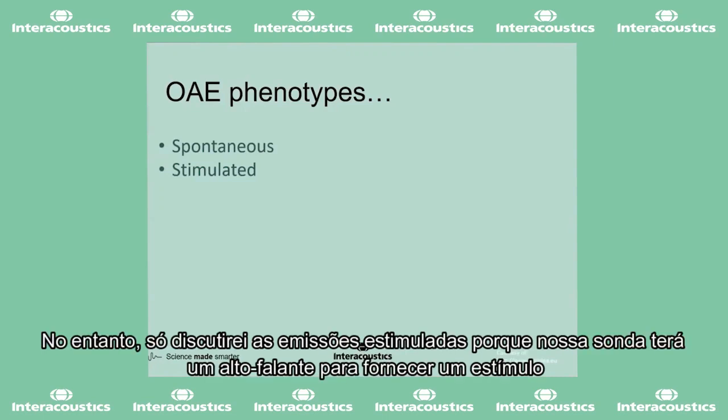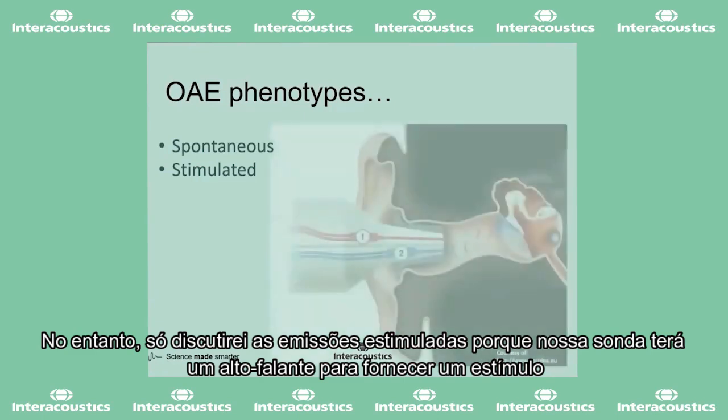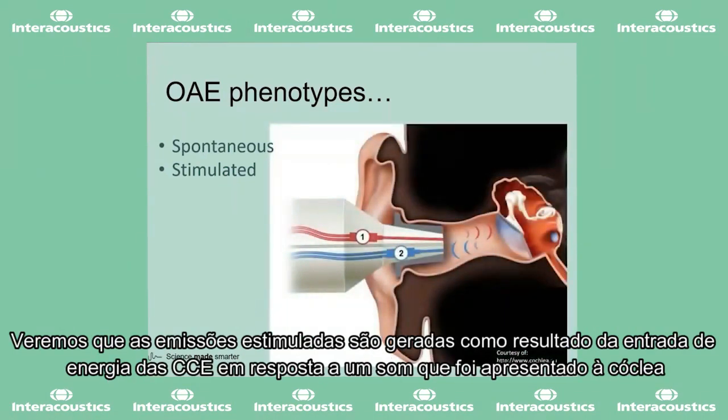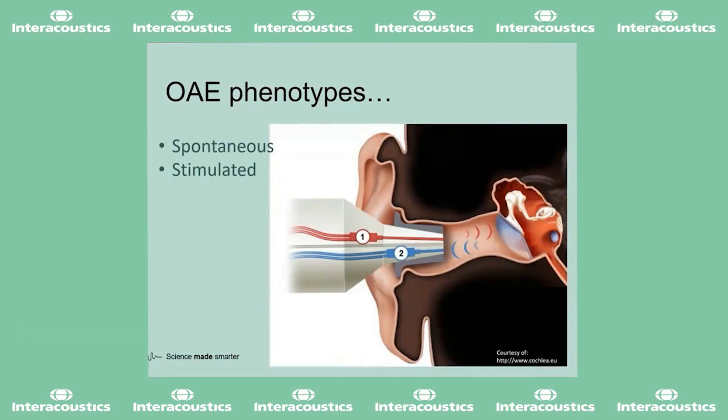However, I'll only be discussing stimulated emissions because our probe is going to have a loudspeaker in it to provide a stimulus. Stimulated emissions are generated as a result of the energy input from the outer hair cells in response to a sound that's been presented to the cochlea.